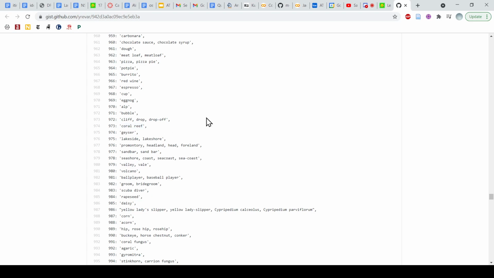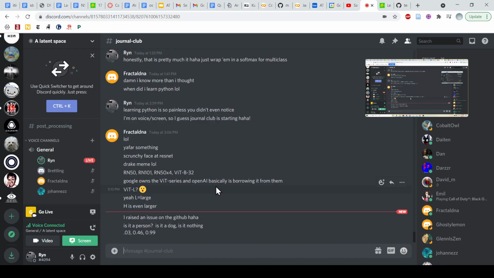You could also say, is this a Pikachu wearing a backpack in the style of Cy Twombly or whatever? And so it's this open-ended, infinitely combinatorial nature of language that makes it more fun. Is it a person? Is it a dog? Is it nothing?